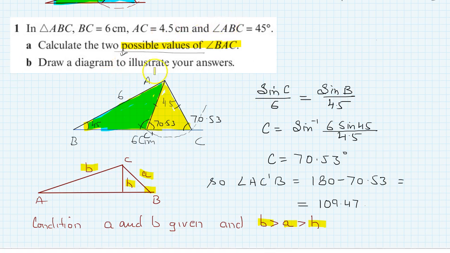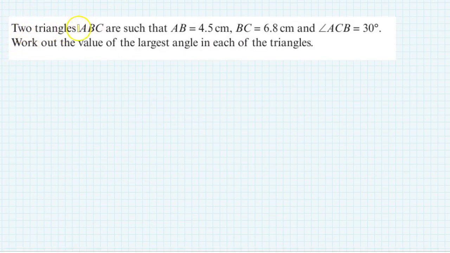Let's try to do another question about the ambiguous case. Two triangles ABC are such that AB is, let me try to draw the rough figure. Let's say this is AB and this is 4.5.